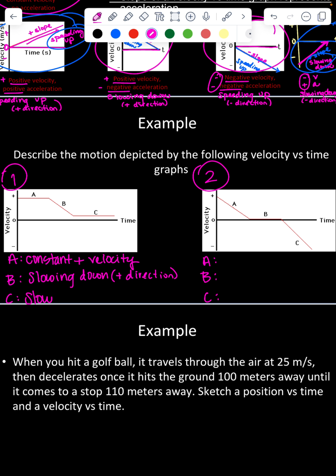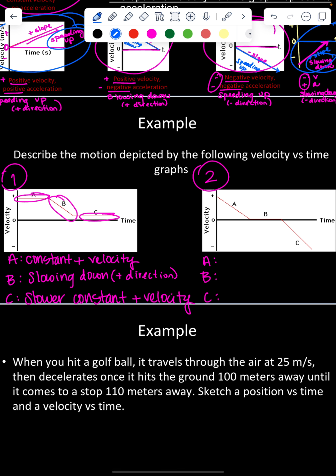So that means that C is a slower constant positive velocity. All right, so we have those two straight horizontal lines. That tells us that we have constant velocity. This tells us that we have some sort of acceleration.